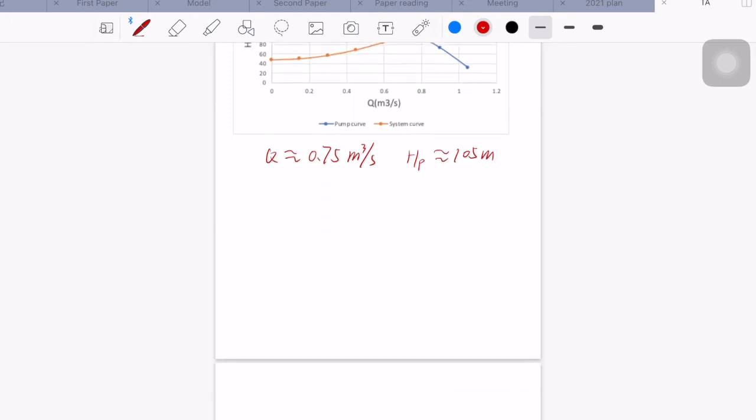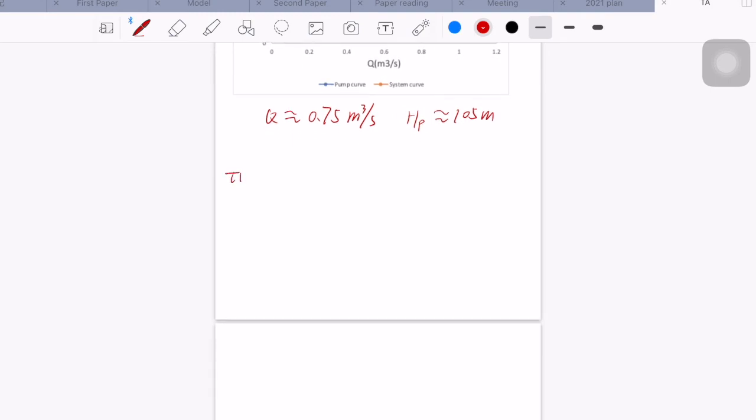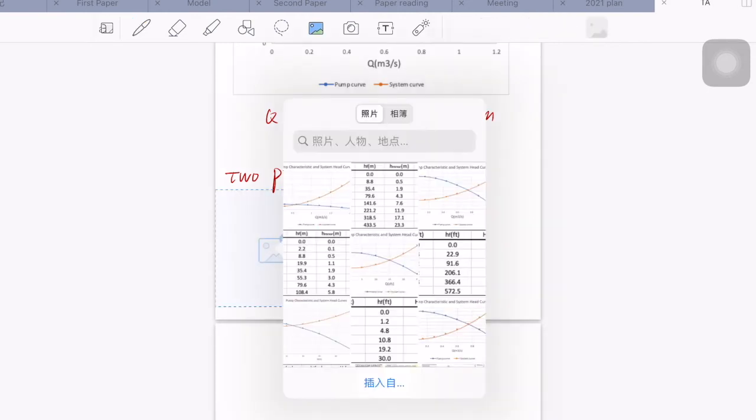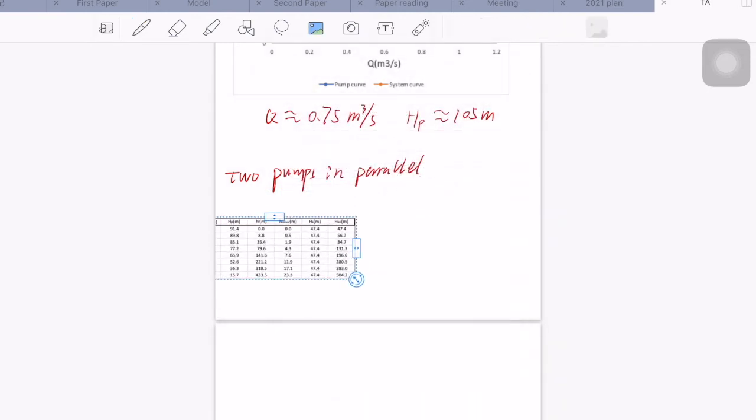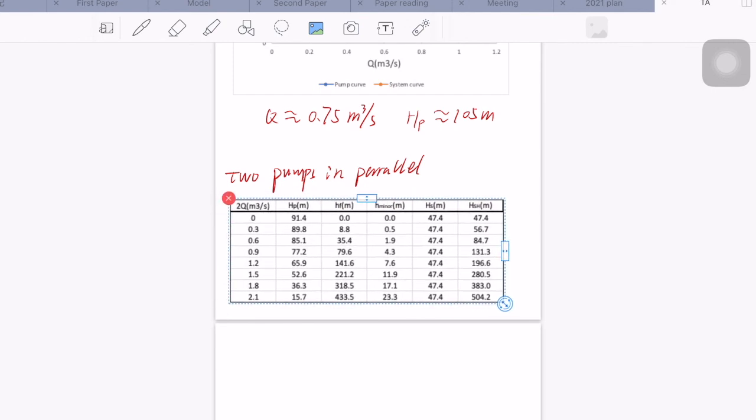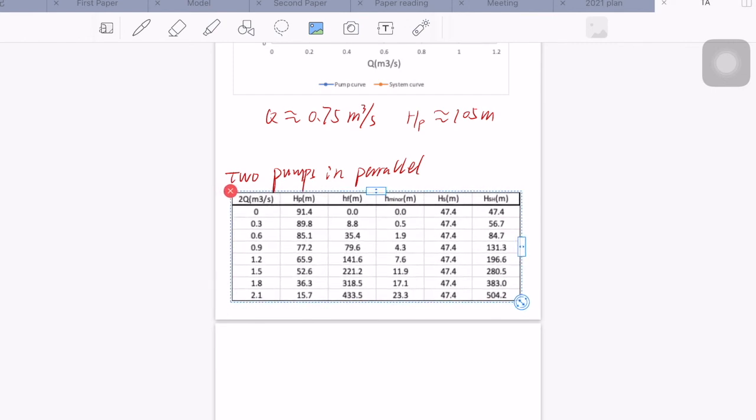and when two pumps are in parallel, we can create a table like this one. And we need to know that the discharge is doubled when two identical pumps are used in parallel.